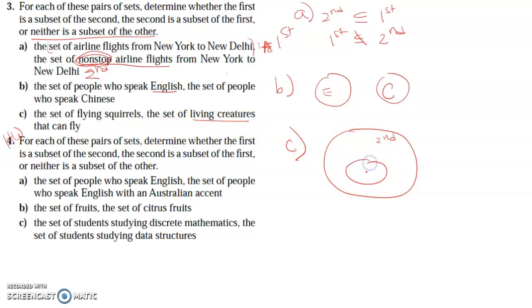And the flying squirrels, our first set, will be part of all the living creatures that can fly. So we would say that the first is a subset of the second set. We can't really say the other way, which means I can't say that the second is a subset of the first. This is not true.